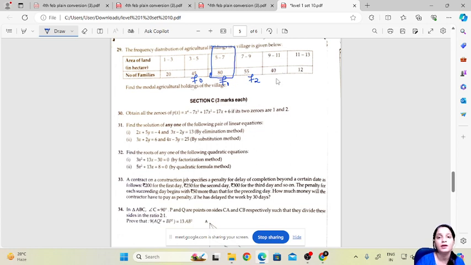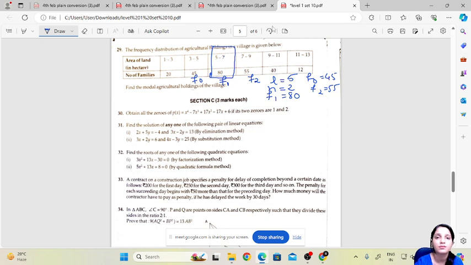L is the lower limit of the modal class, which is 5. H is the class size, which is 7 minus 5 is 2. F1 is 80, F0 is 45 and F2 is 55.